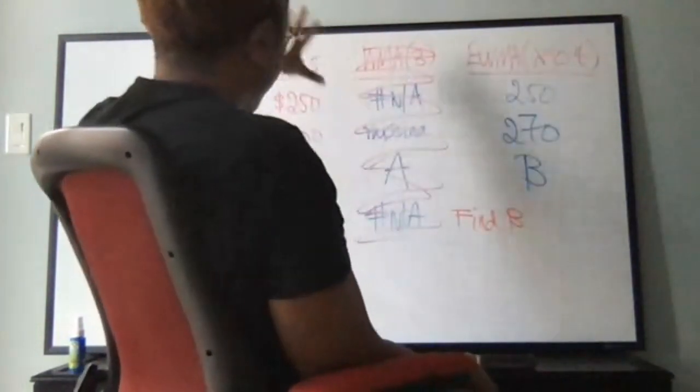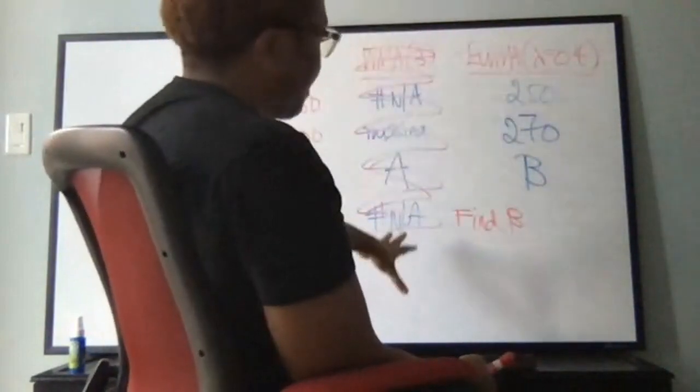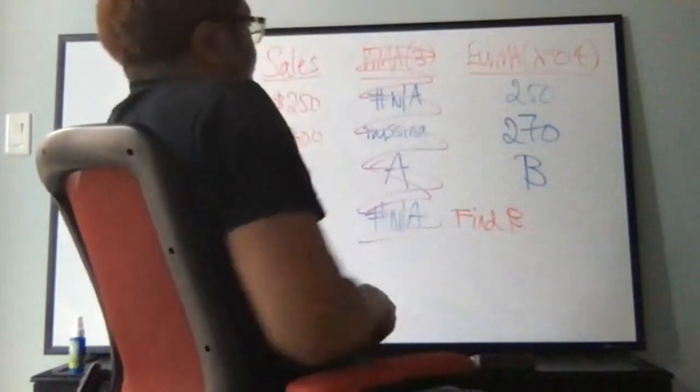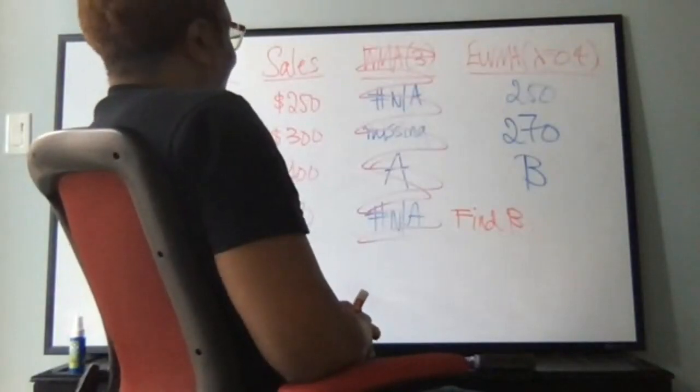This right here is only dealing with sales. So the EWMA column has nothing to do with the WMA column. So how do we calculate the values for an EWMA column? Would it just be 400 times 0.4 plus 150 times 0.6?